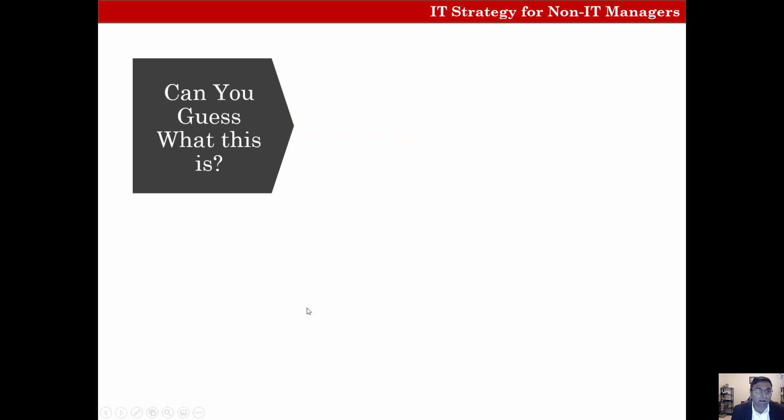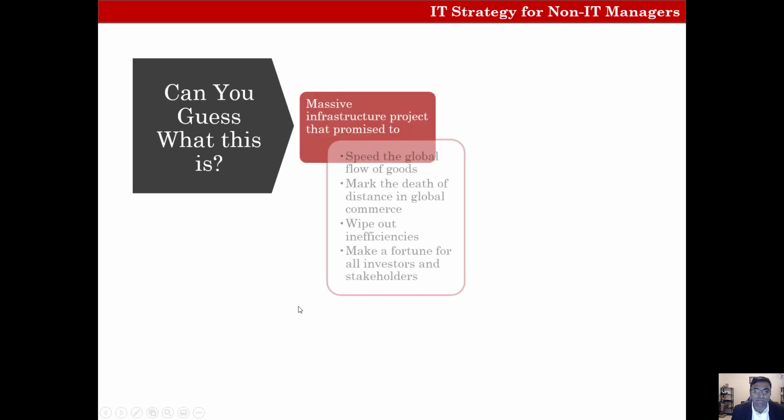So let's take a massive project that promised to speed the global flow of goods, mark the death of distance in global commerce, wipe out inefficiencies, make a fortune for all investors and stakeholders, right?